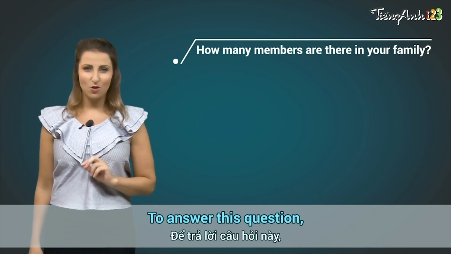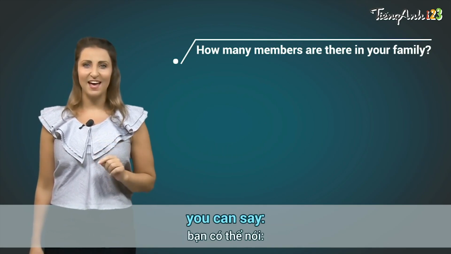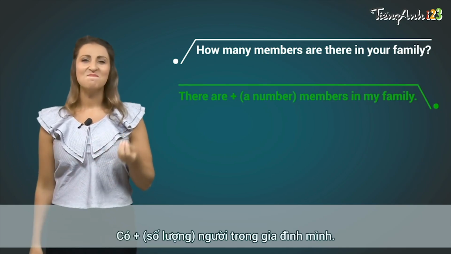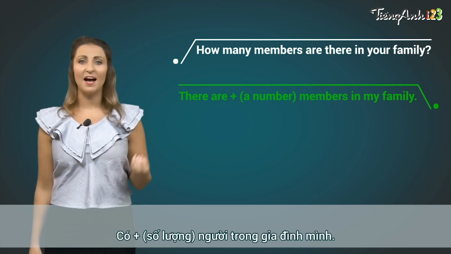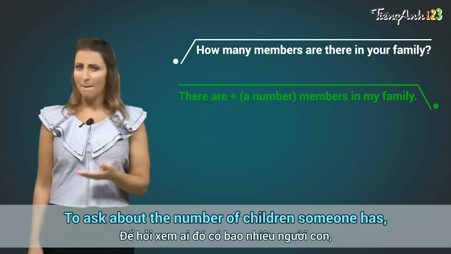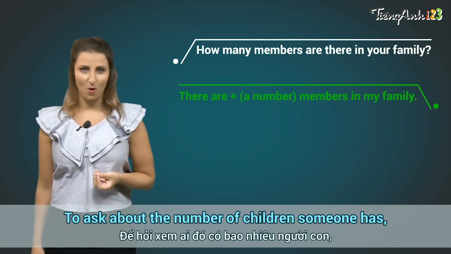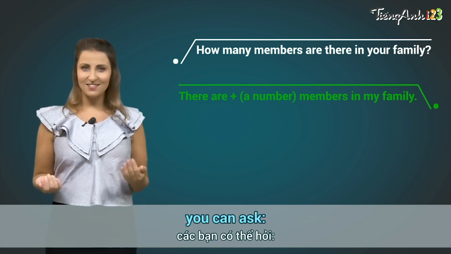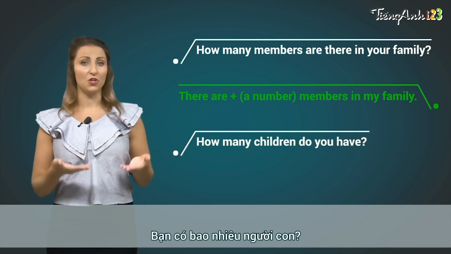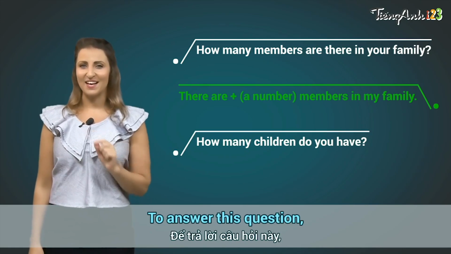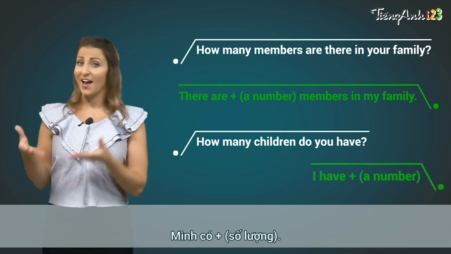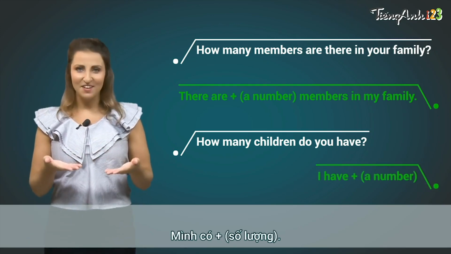To answer this question, you can say, there are plus a number members in my family. To ask about the number of children someone has, you can ask, how many children do you have? To answer this question, you can say, I have plus a number.